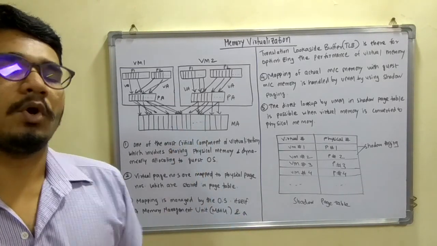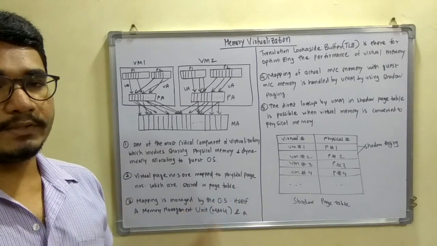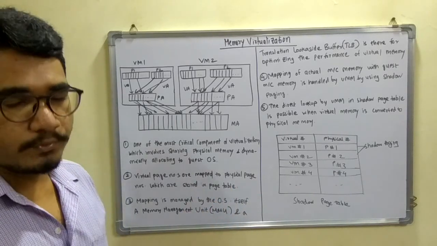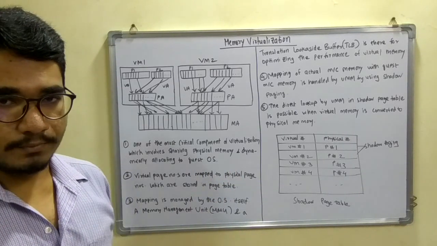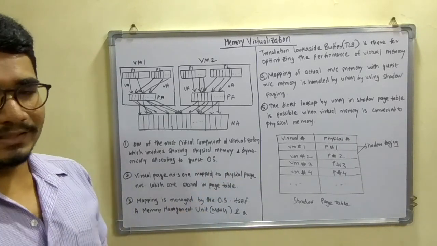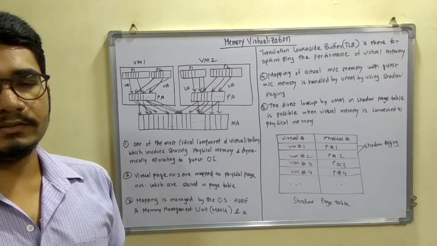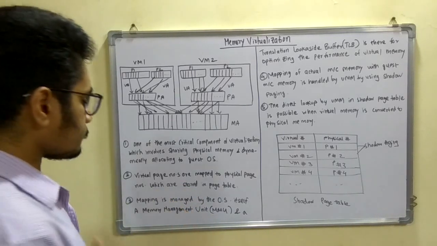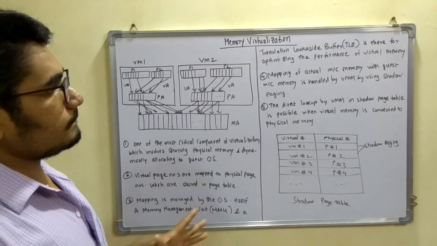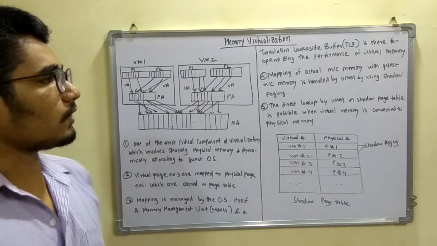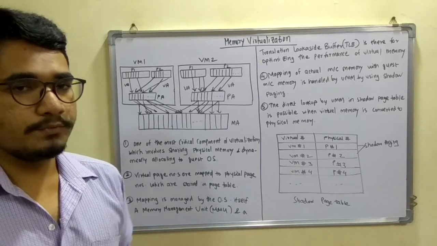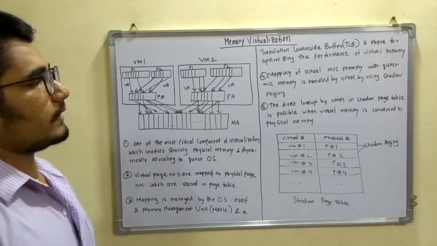There are basically two components to run this: the MMU, called the memory management unit, as well as the TLB, the translation lookaside buffer, which is a caching mechanism for easy access and easy provision of services. Both these components optimize the performance of the virtual memory used for memory virtualization.